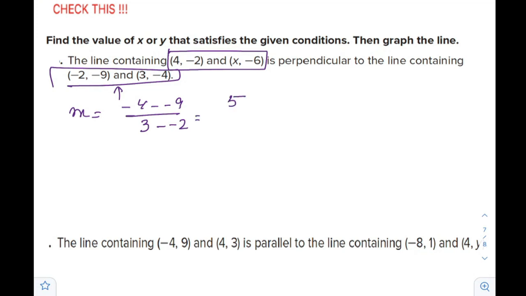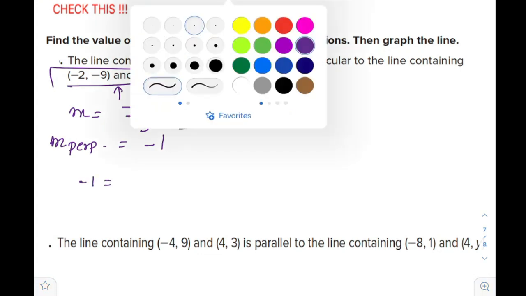So this will be 5 over 5, which is 1. Now, the slope is 1. So the perpendicular slope will be -1, because it's the negative reciprocal. This -1 will be the slope of the other part, which is that one.